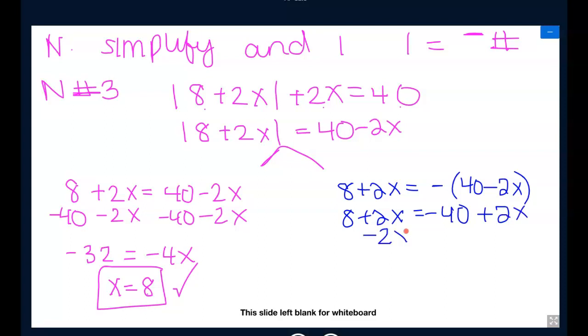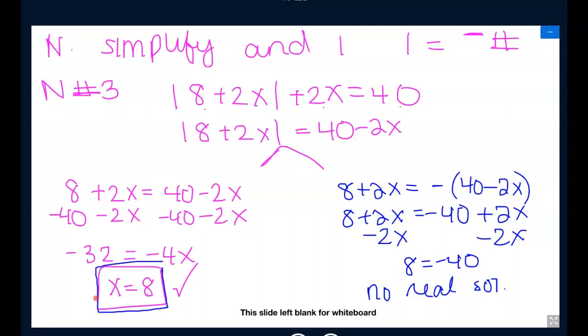But then, when I subtract my 2x from both sides, I get 8 equals negative 40. Does 8 ever equal negative 40 by itself? No. So that's a no real solution type concept. So this part just doesn't work. So x equals 8 is my only valid solution.